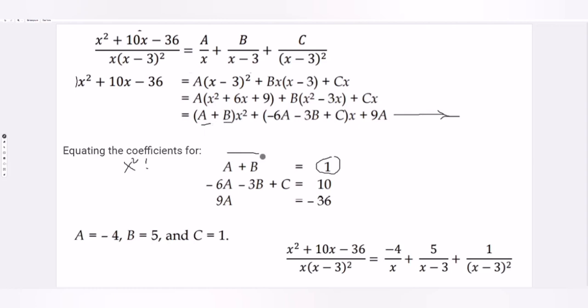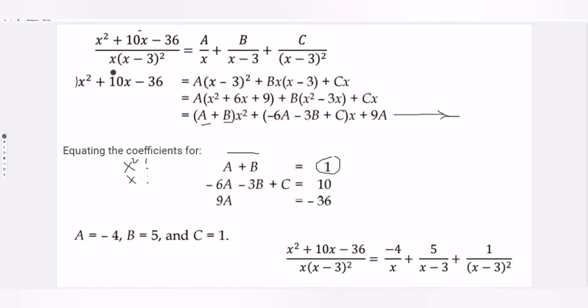Now you know the advantage, or how relevant these steps are. If you arrive at this answer, all you need to do is just copy the coefficient. For x squared, 1 on the left side, and then copy a plus b. Equating the coefficient for x, all you need to do is just copy.